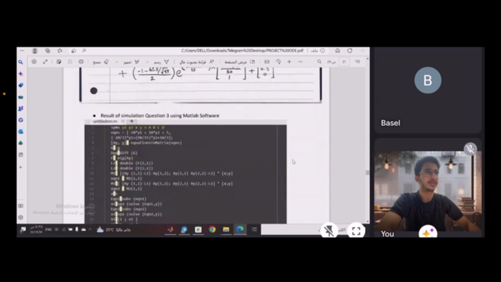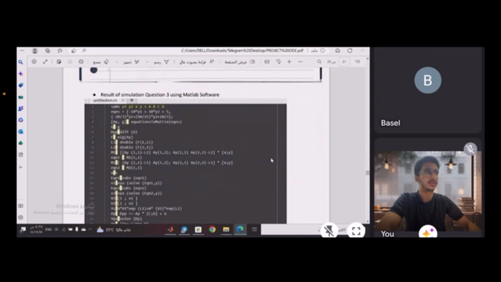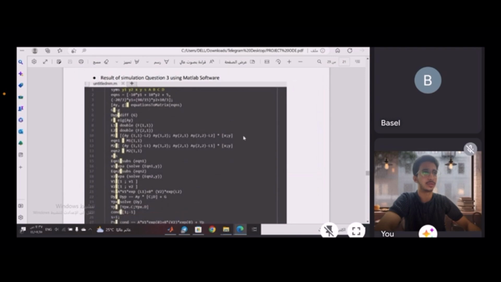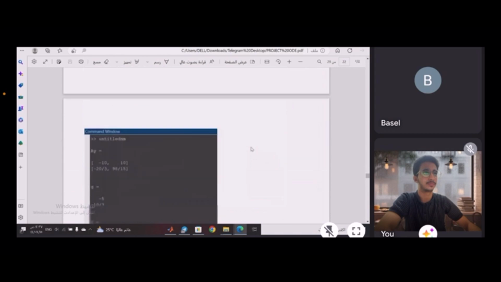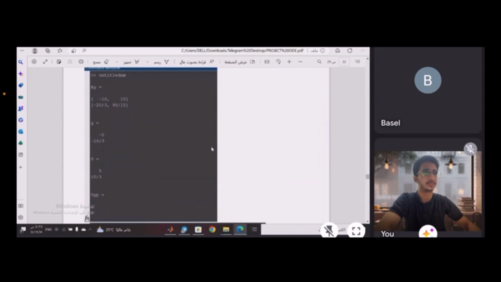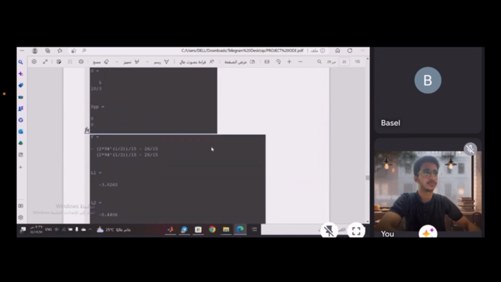And this is the simulation when we use MATLAB to simulate this. This is the coding. So in the command window, we will get this one.